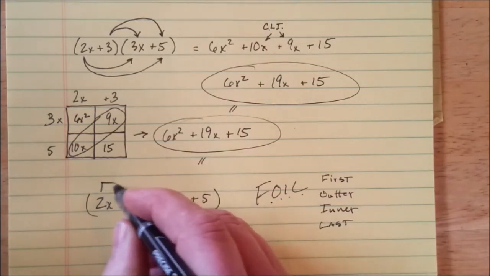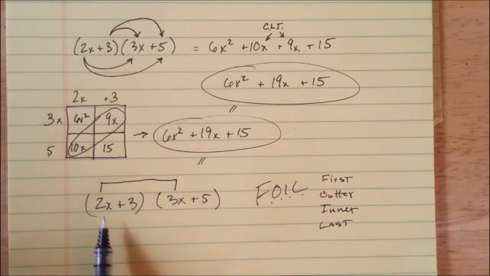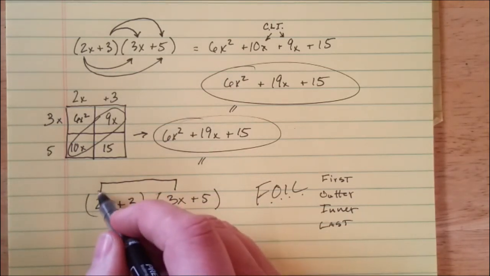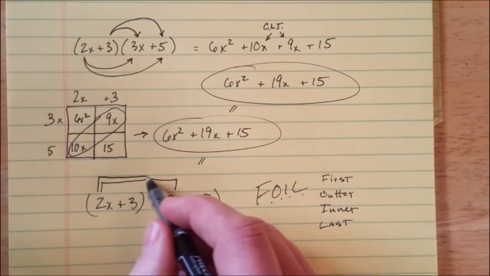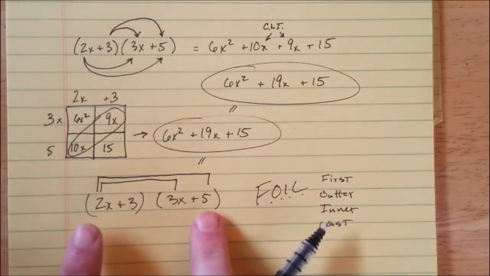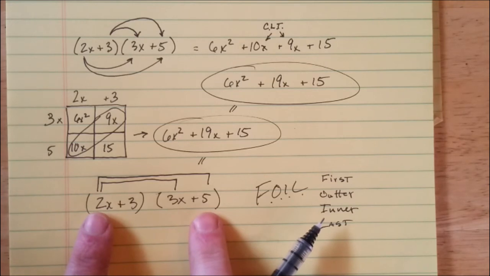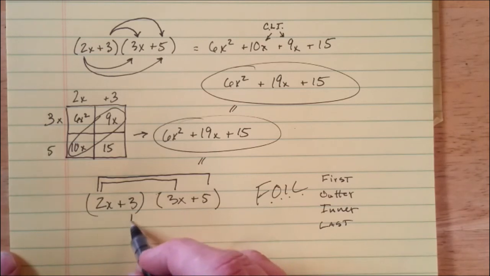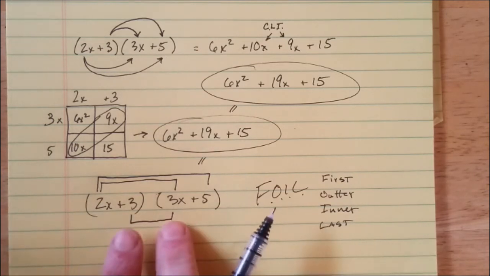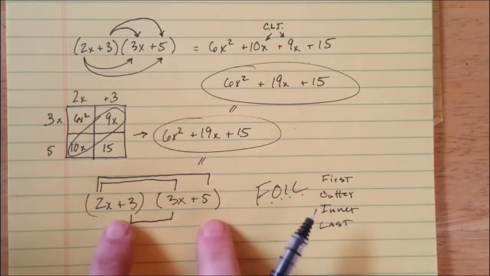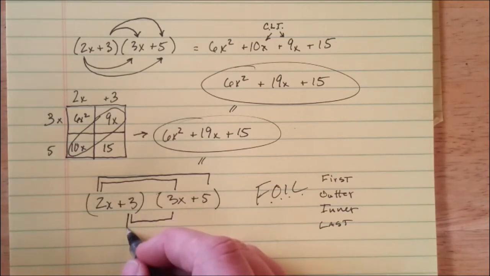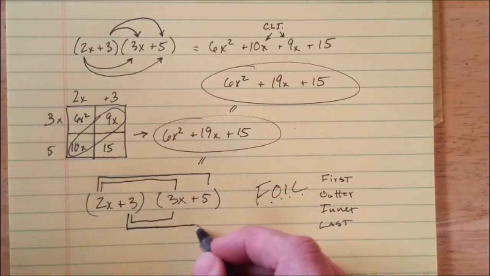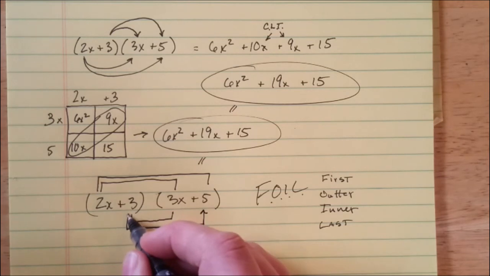We're going to multiply the first things. That's the first thing in the parentheses. That's the first thing in the parentheses. Then the outer thing. This is the outer two terms for this whole binomial set. Inner terms. This is the inside. And last. Well, 3 is last in that parentheses and 5 is last in that parentheses.